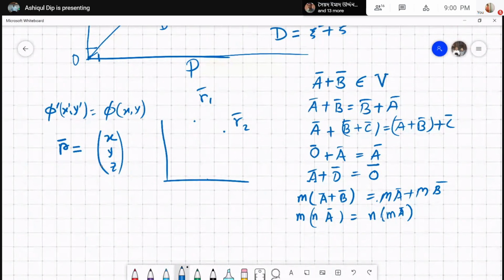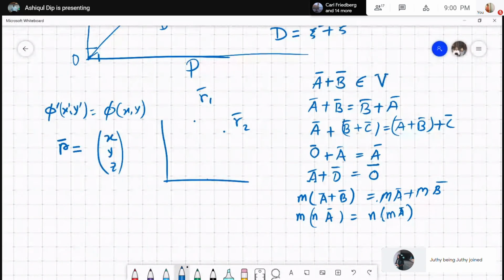Obviously, if you add 2 points, here the addition is defined as component-wise addition. It always remains in V. It's commutative and associative and all that. You have a null vector, and for each vector you have a negative. So everything is satisfied.